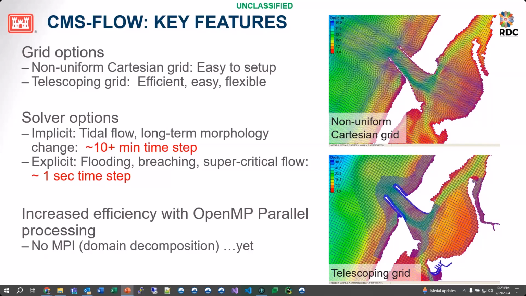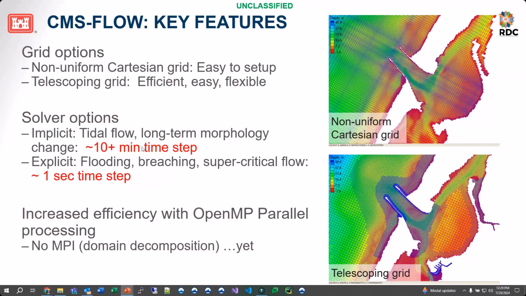It's a quad tree type grid where we can increase resolution very specifically in areas without affecting smaller and smaller cells in the deep water, which was a problem with these Cartesian grids. Our flow model is able to handle these type grids, but the wave model will continue to be on Cartesian grids and has not been updated to the telescoping grid capability yet.